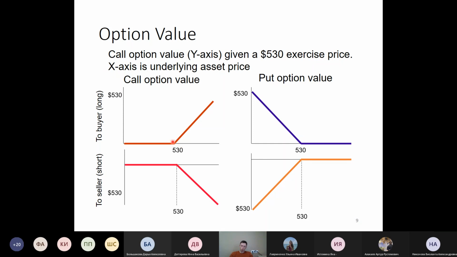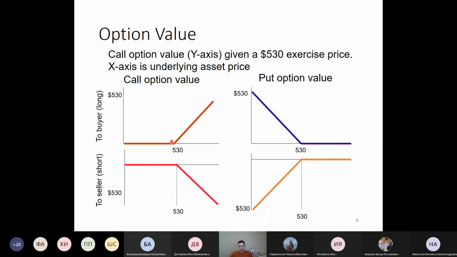So the gains of one party are the losses of another party, which is one of the principles of finance. If you have a right to buy something way cheaper, then someone must sell you this way cheaper, and this is a bad situation for this side.